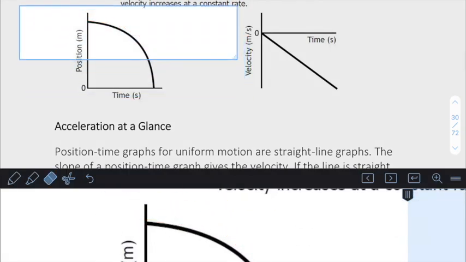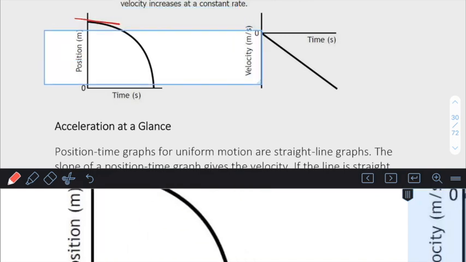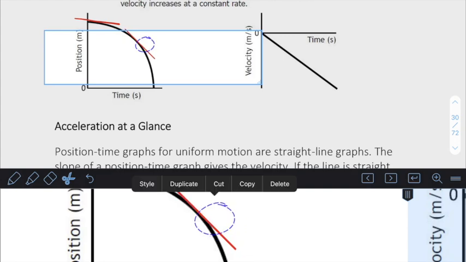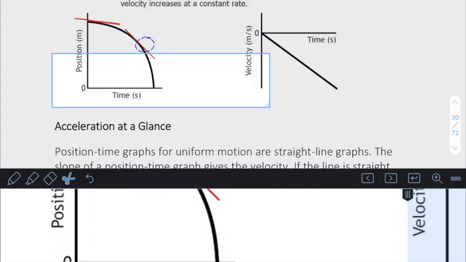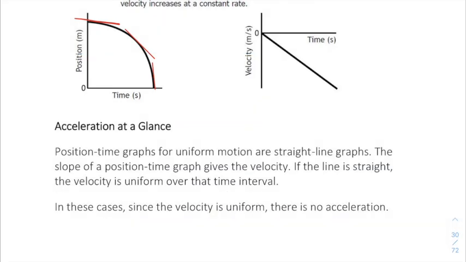If we try to draw a tangent, a line that only touches the curve at one position, we can see there's our first one. Here's another one. I'm just going to move this one around. And in our last tangent here, we can see it's incredibly steep. So the velocity is still increasing, but it is in the negative direction.